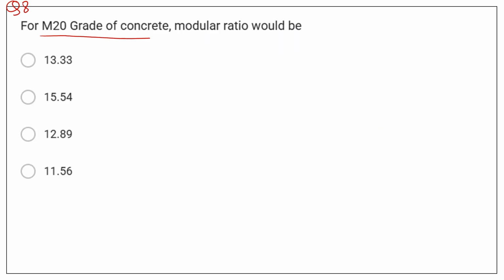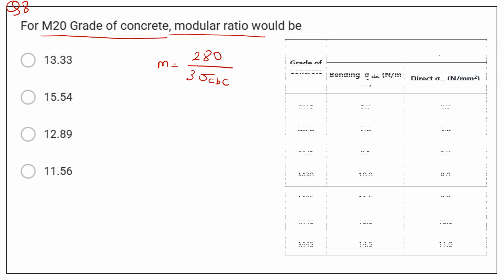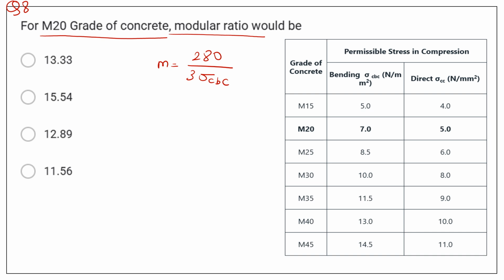For M20 grade of concrete, the modular ratio would be. So for modular ratio, the formula is 280 divided by 3 into sigma CBC. For this sigma CBC, this is the table. This is sigma CBC, the permissible stresses in compression for bending, and these are the direct stresses.